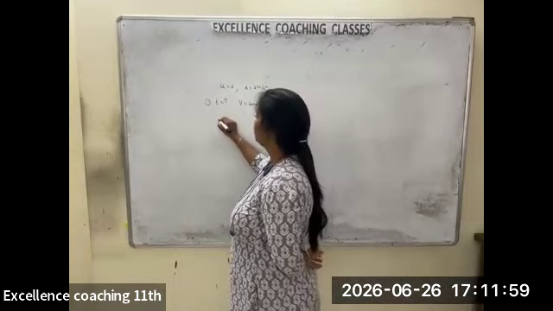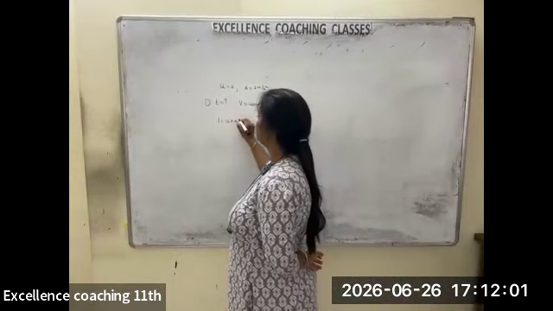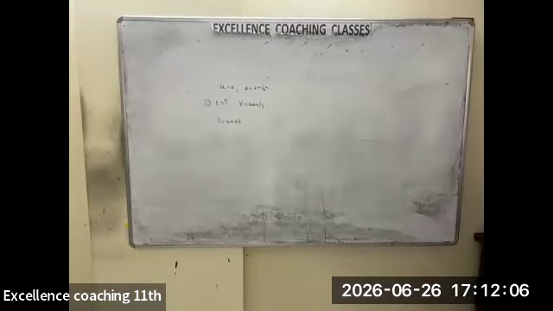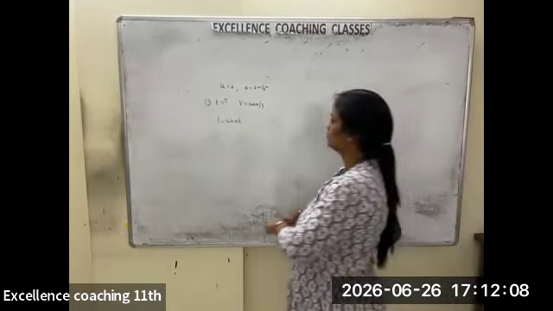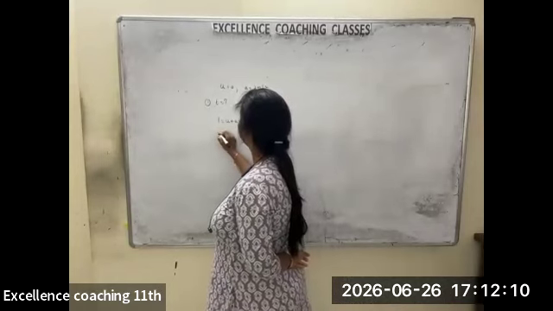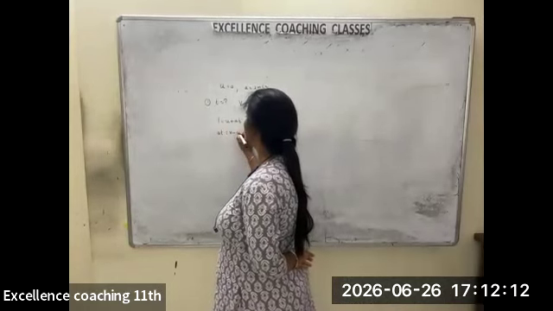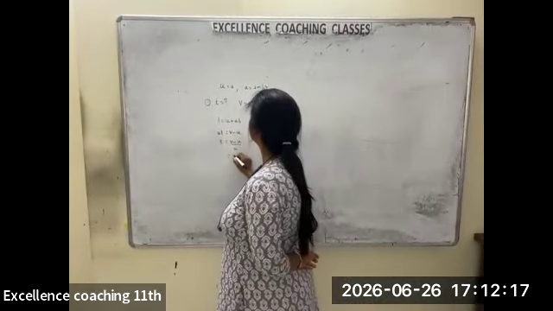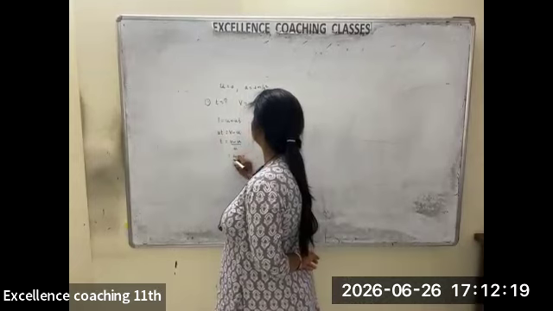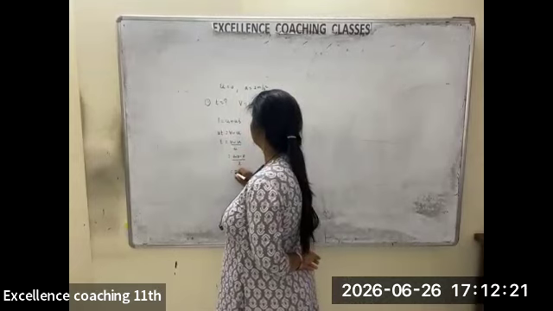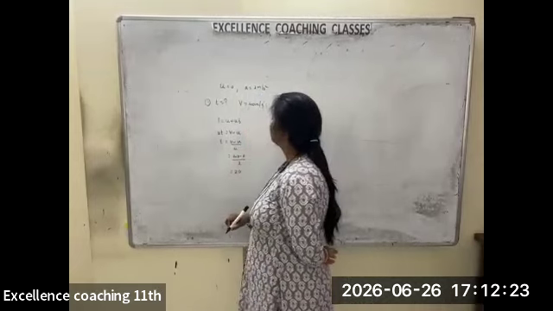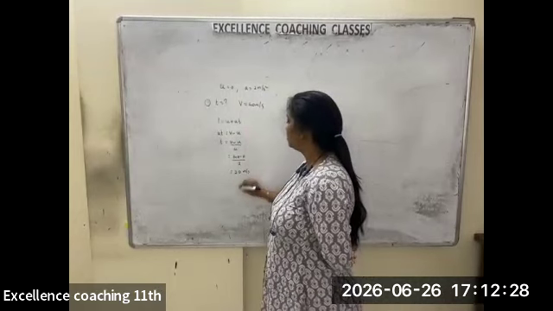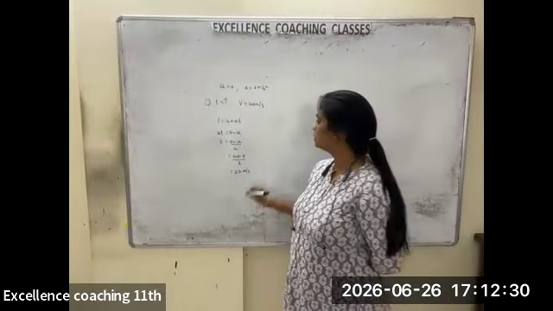So what answer do you get? V is equal to U plus AT. You want to find out T, right? So T is equal to V minus U by A. So this will be 40 minus 0 upon 2. So the answer will be 20 meter per second.